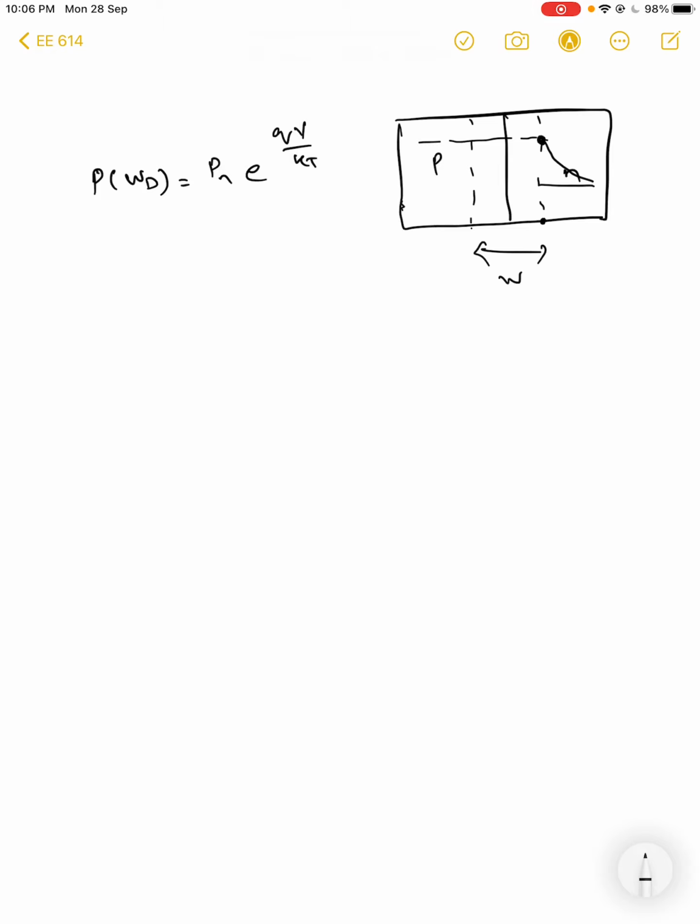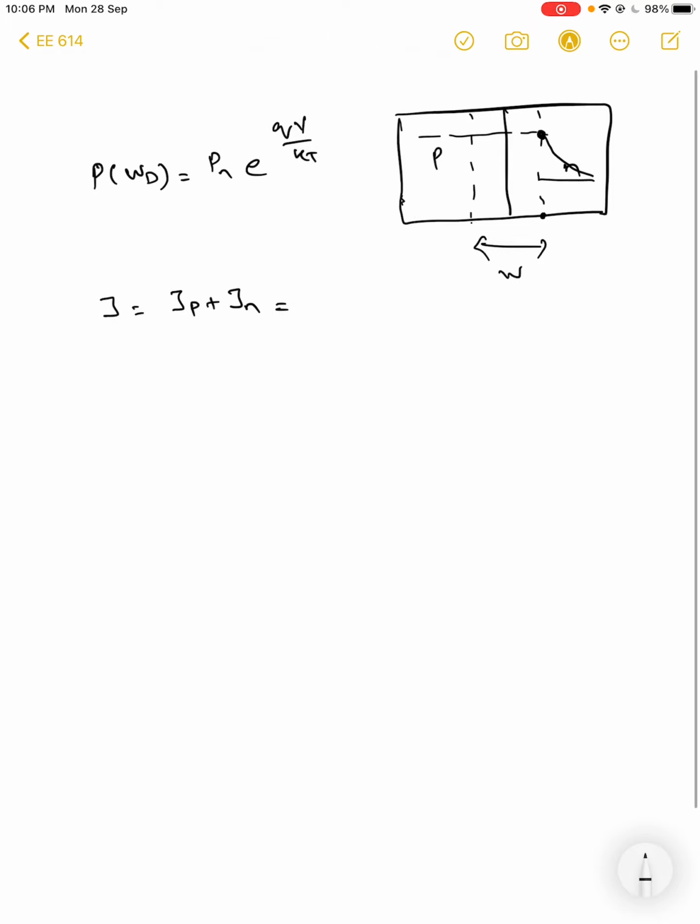And we saw that the total current J is the summation of two components, the hole component and the electron component, and each of them is written as J naught times e power qV by kT minus 1, and J naught is the summation of two terms.